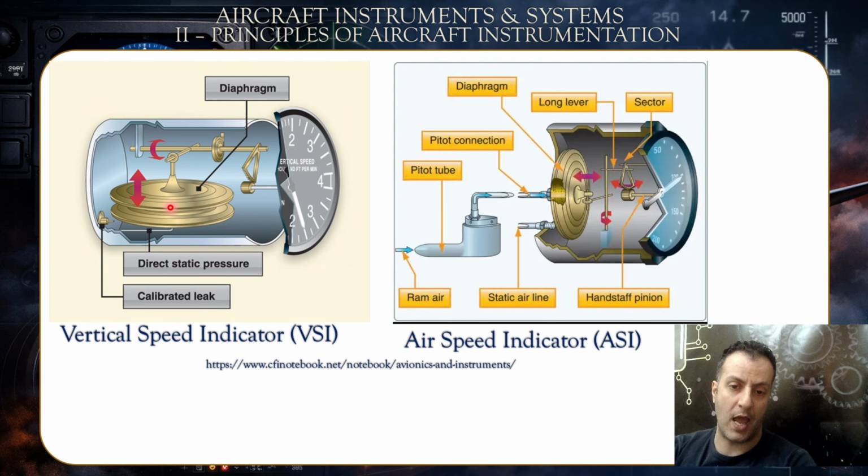So it will collapse, which will make the needle rotate downward. It will rotate upward for positive climb rate, which is due to the extension or dilation of the diaphragm, and the diaphragm will collapse, will compress, rotating the needle downward during descent. This is how the VSI works.